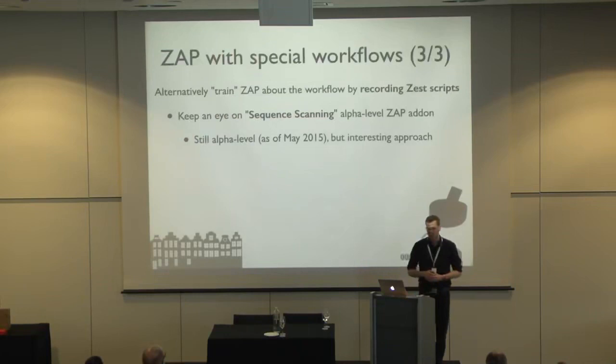Third option would be to use, in your automated UI, automated security chain, the sequence scanning plugin, which basically is a way of recording steps in an application with the ZAP scripts, but to train ZAP to guide you to the steps. But that's still alpha level, so eventually we need to wait until it shifts into beta level as well, but it's a very promising, interesting approach.